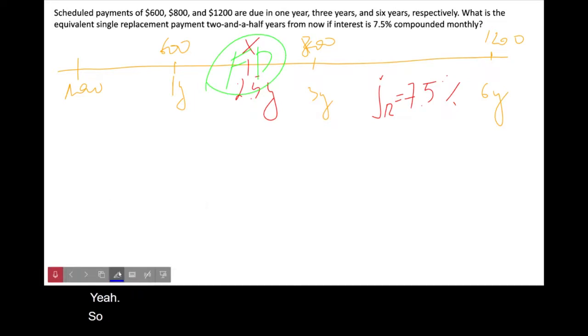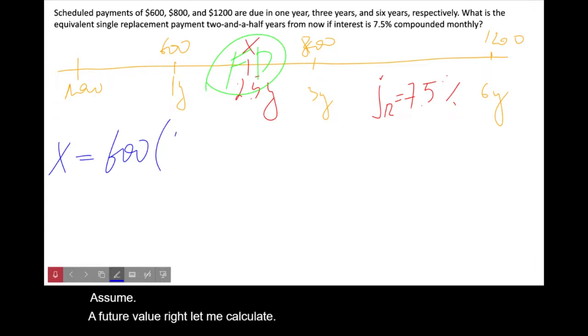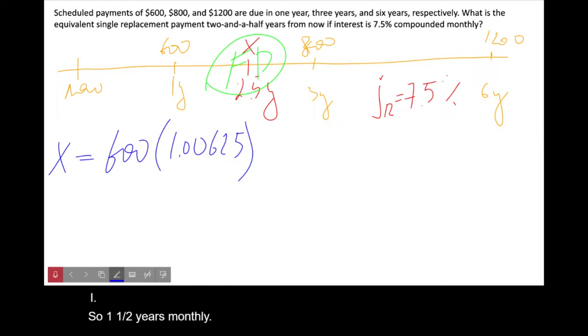So what do we have? We have X equals 600. So future value, right? Let me calculate I. So 1.5 years monthly, that's 18.